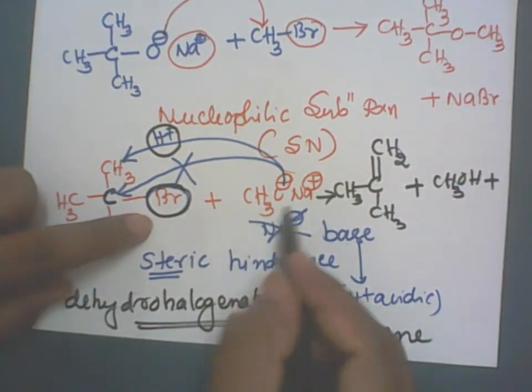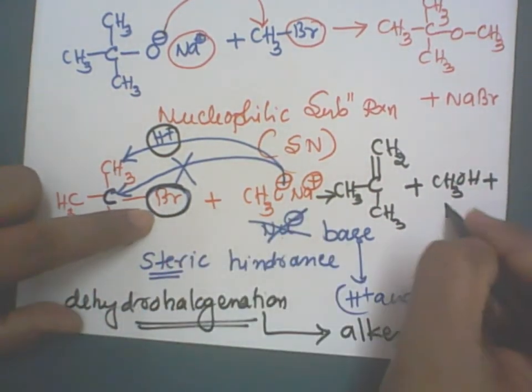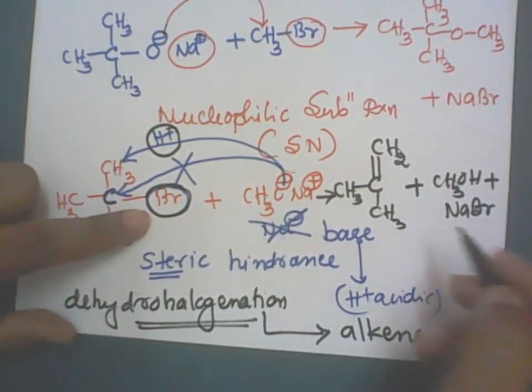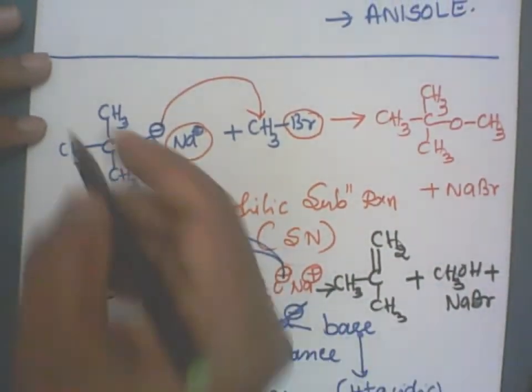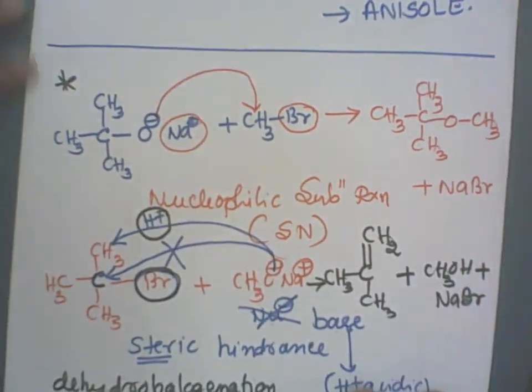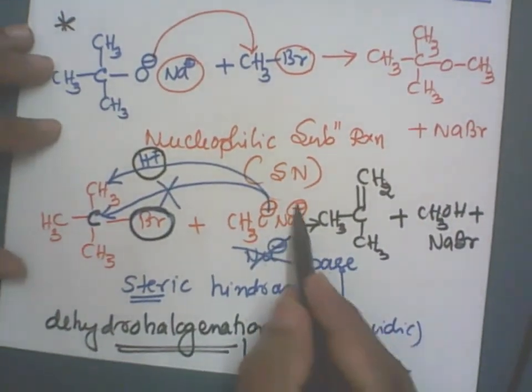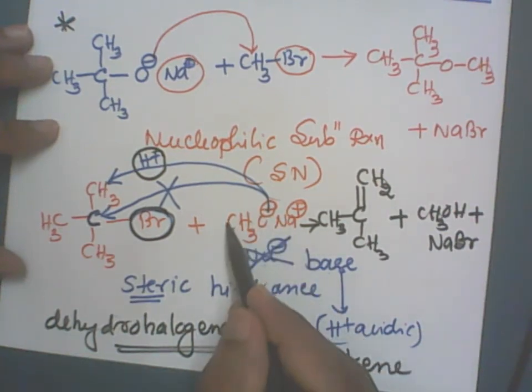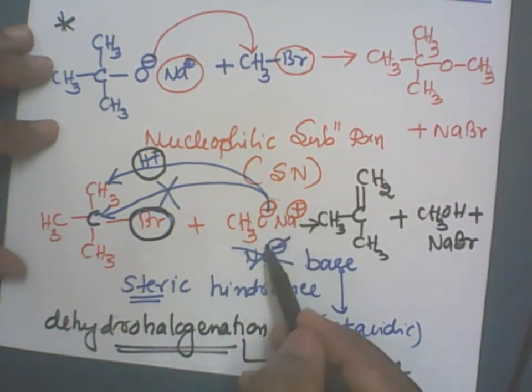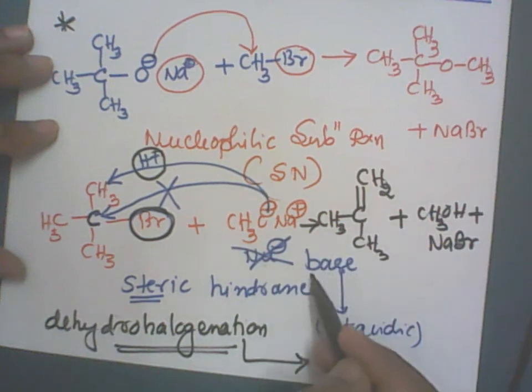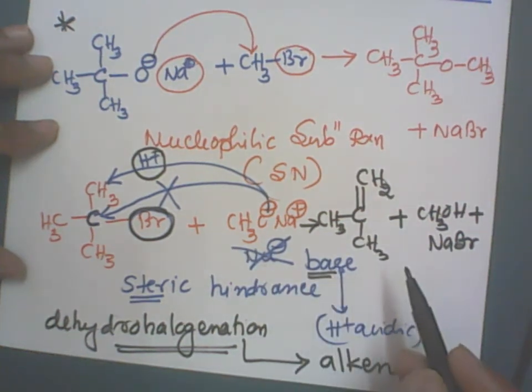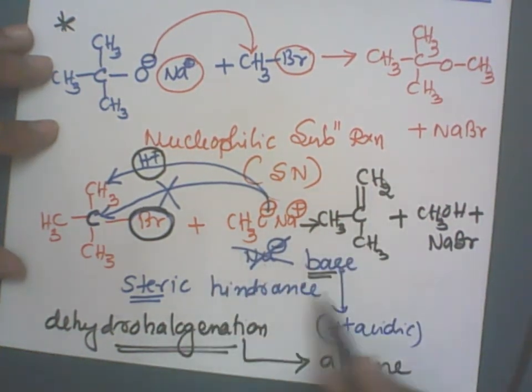And we get the sodium salt of bromine, sodium bromide. So this is the exception, you should remember. Again, I'll repeat, alkoxides here are not only nucleophiles, they can also act as bases, depending on the given reaction. Hope it is clear to you.